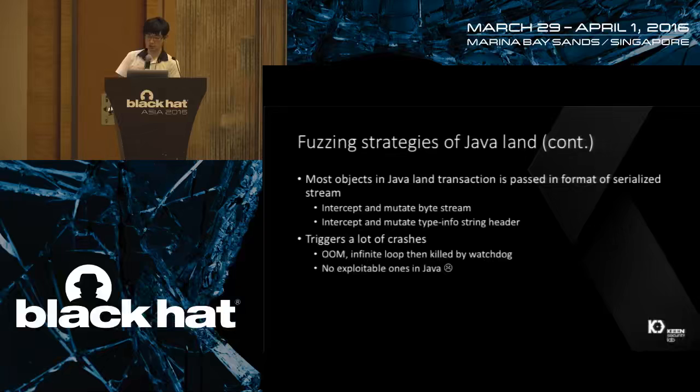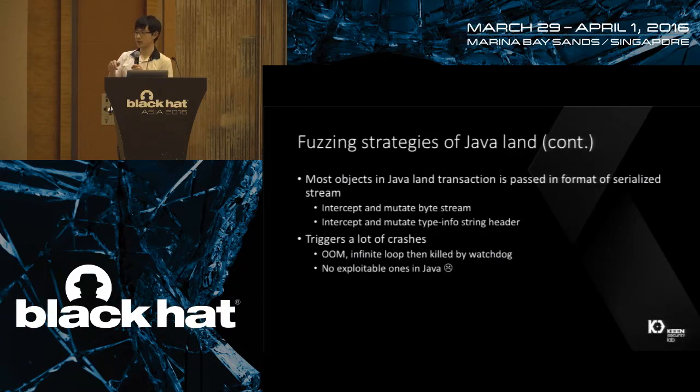I have introduced the fuzzing strategies in the native land, but for the Java land, the story is a bit different, because for most objects in Java land, the transaction is passed in the form of a serialized stream, like Serializable.